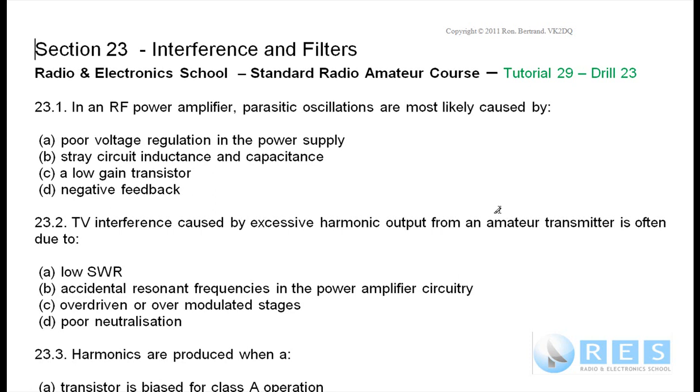23.1. In an RF power amplifier, parasitic oscillations are most likely caused by stray circuit inductance and capacitance. Question 23.2. TV interference caused by excessive harmonic output from an amateur transmitter is often due to overmodulation or overdriven stages.